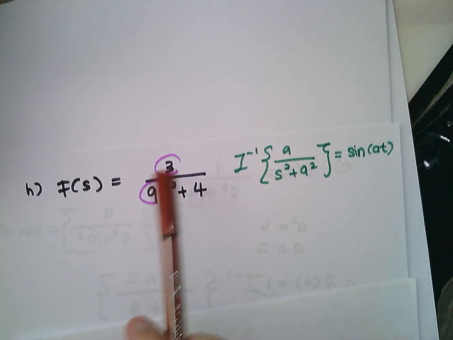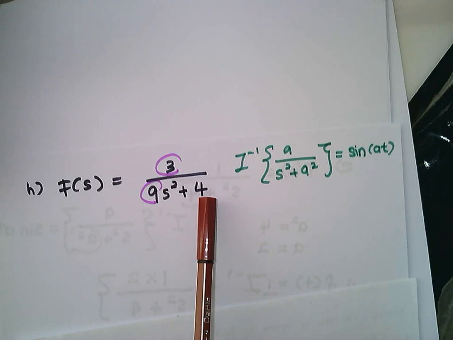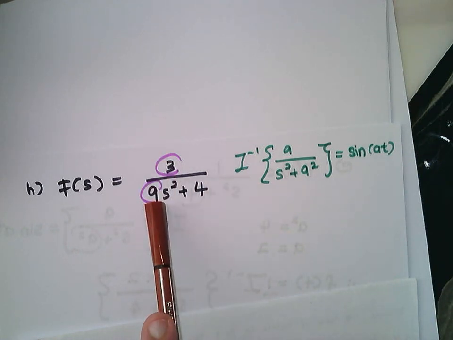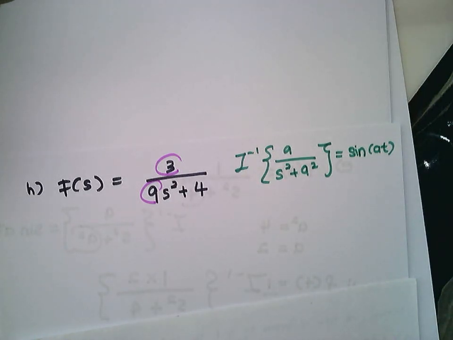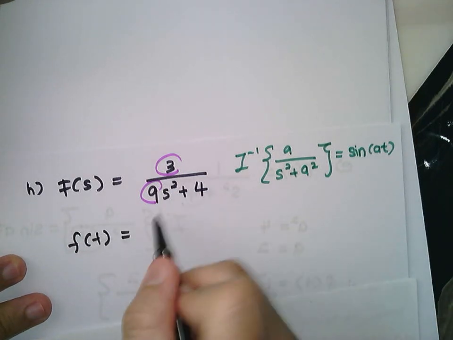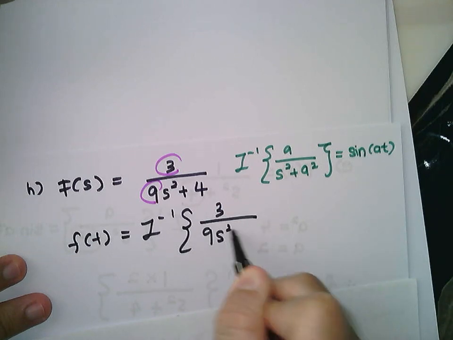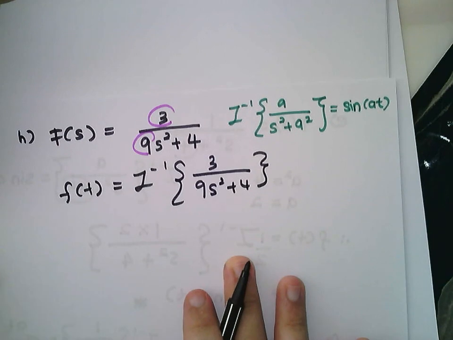Because for this one, if your a squared is equal to 4, your a is equal to 2. So this is a constant, this is a constant, so factorize the constant first, then you can identify your a. So your f(t) is equal to Laplace inverse of the whole thing here. So now factorize the constant.